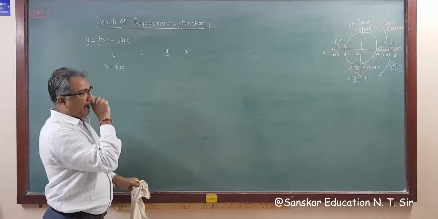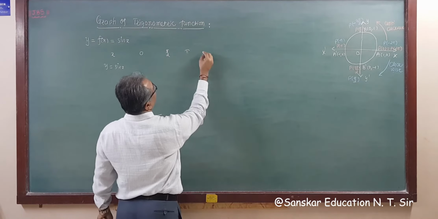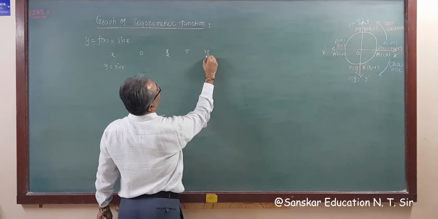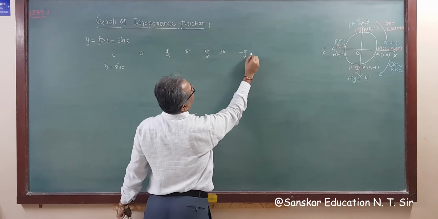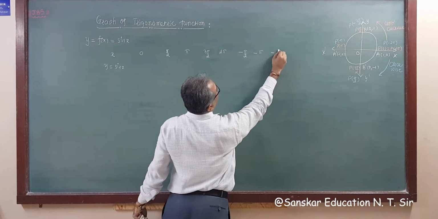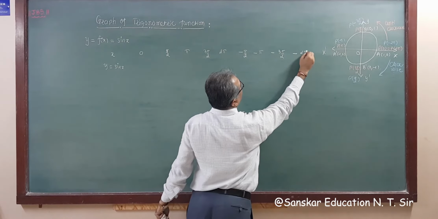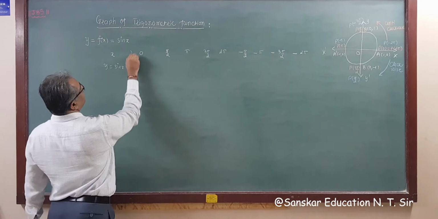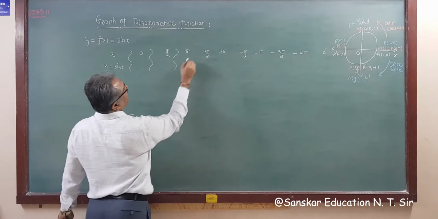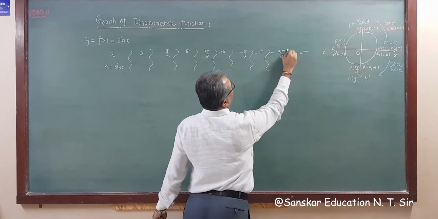So pi, then 3 pi by 2, then 2 pi, and minus pi by 2, minus pi, minus 3 pi by 2, and I'm taking minus 2 pi. So these values are enough to draw the graph of the sine function, right? So considering the table, now you know all these values.